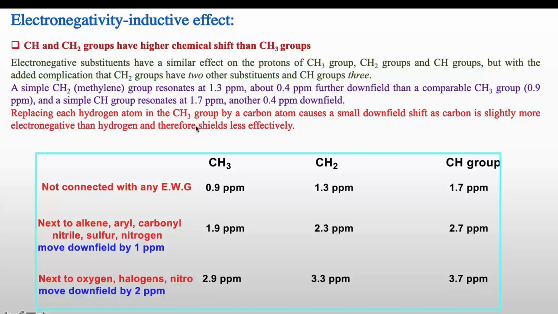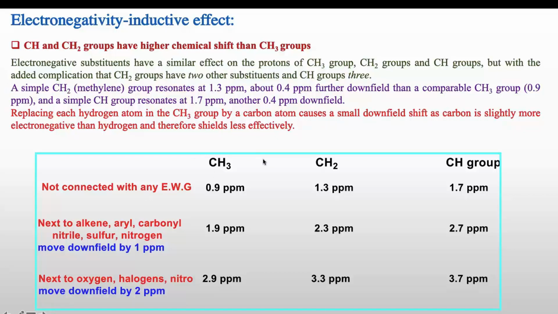So it means replacing each hydrogen atom in the CH3 group by a carbon atom causes a small downfield shift. Because carbon is more electronegative than hydrogen, if a CH3 group is connected to another CH3 or CH2 group, that carbon will also pull electrons from this CH3 group. That will also make the hydrogens more deshielded and move the peak a little bit downfield.